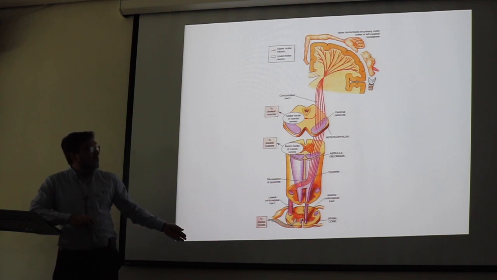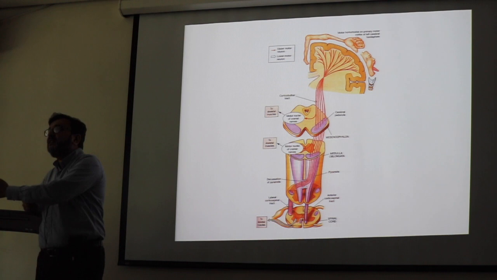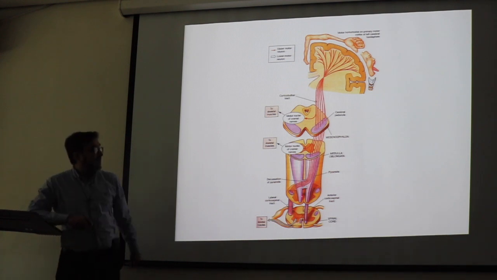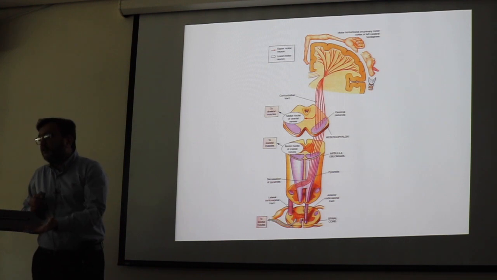At the lowermost part of the medulla, where the medulla is joining the spinal cord, 85% of the fibers of the corticospinal tract are going to cross the midline, and they are going to descend in the lateral white column, forming the lateral corticospinal tract. While 15% of the fibers will remain ipsilateral and descend in the anterior white column, they will form the anterior corticospinal tract.